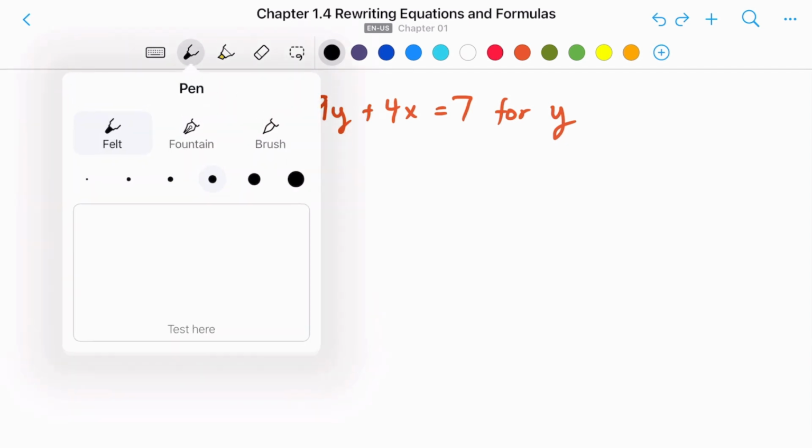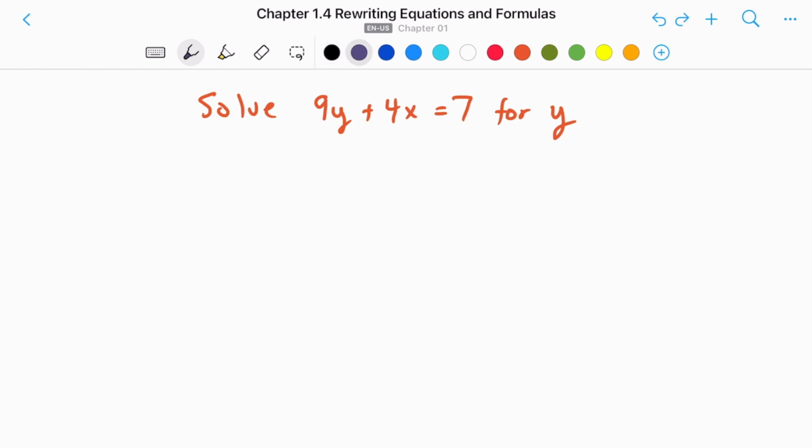So let's start with a nice color here. First thing we need to do is we know that we have 9y plus 4x equals 7. So we're going to move everything that's not connected to this y. We're going to say minus 4x, and do the same thing over here, minus 4x.